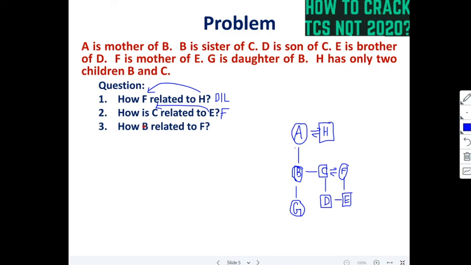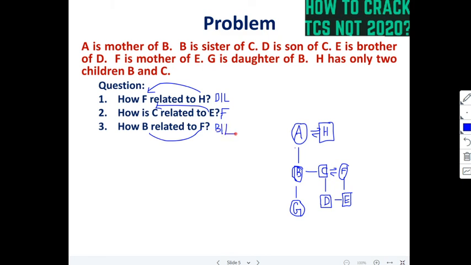How is B related to F? From F to B you have to see. So husband's brother. C is husband of F and B is brother of C. So husband's brother, as far as F is concerned. Husband's brother means in-law, so brother-in-law.